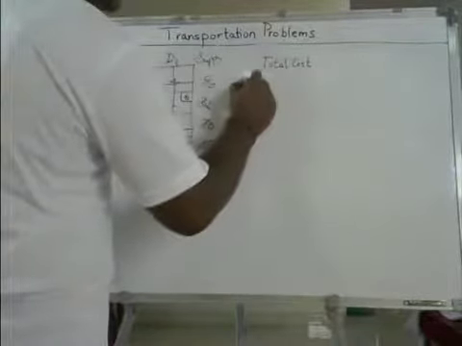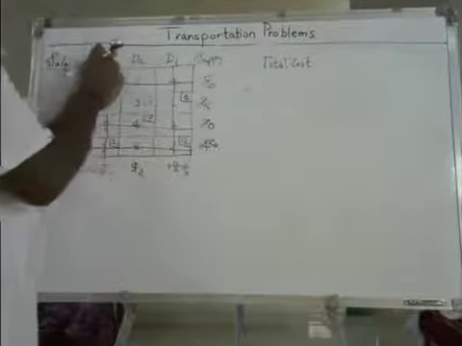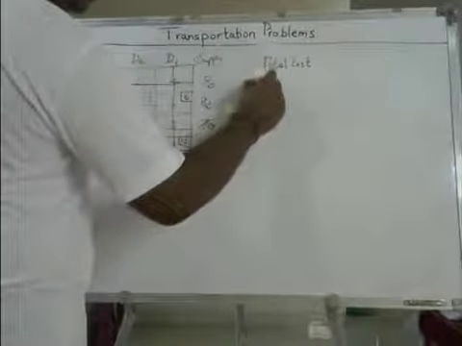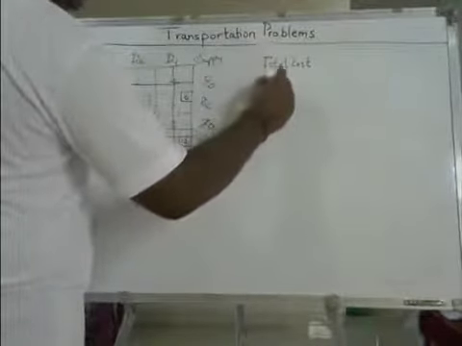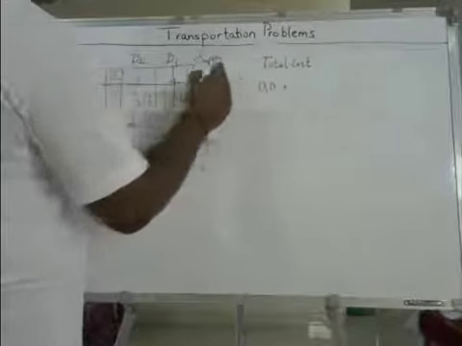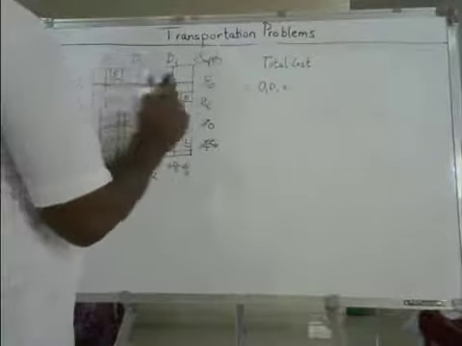The total cost is equal to O1 D1. I need to write down all the allocated cells. O1 D1 plus O2 D2.